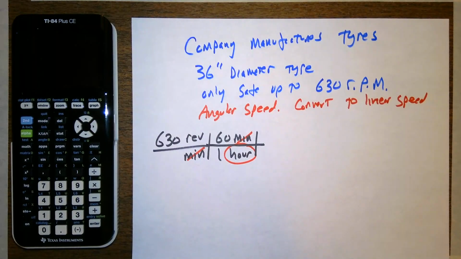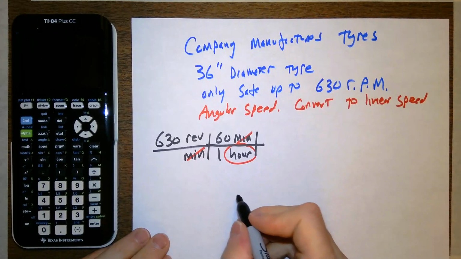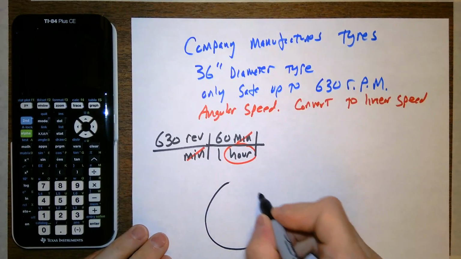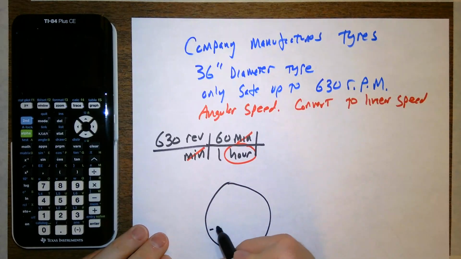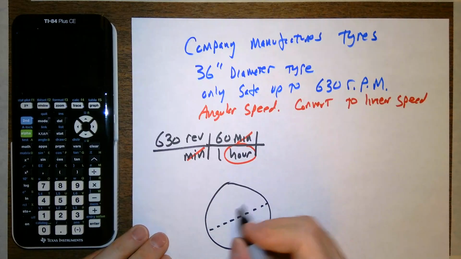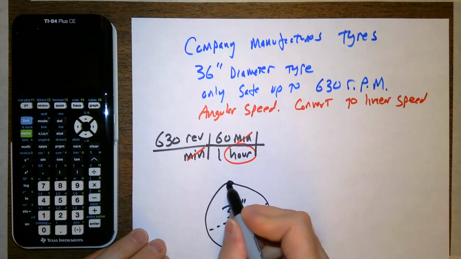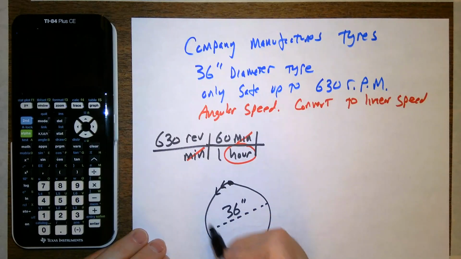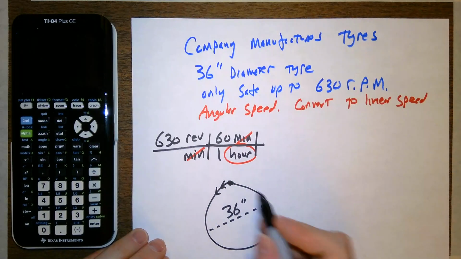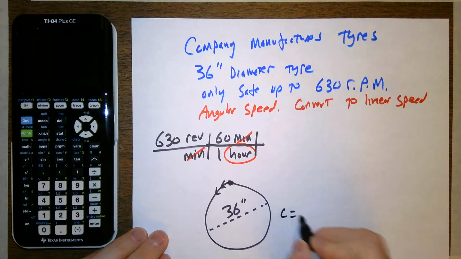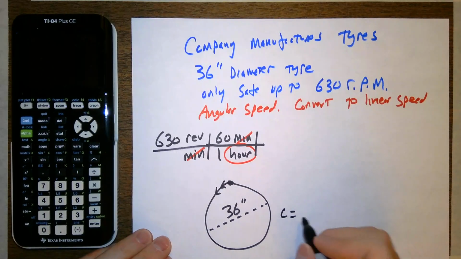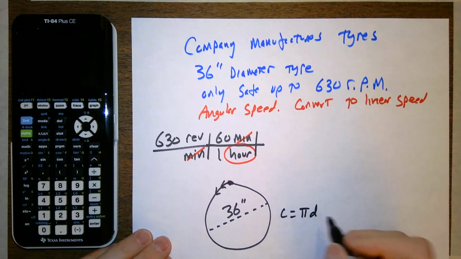Well, 1 revolution, if we take a closer look at this truck tire, and we know that the diameter is 36 inches, 1 revolution, if I start here and go all the way around 1 time, that's really the circumference of the tire. Circumference equals 2 times pi times r, or pi times diameter.